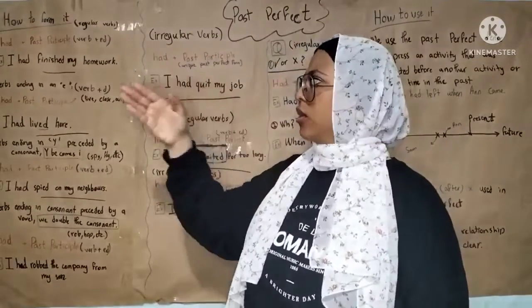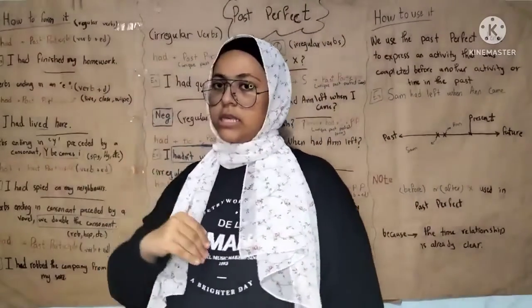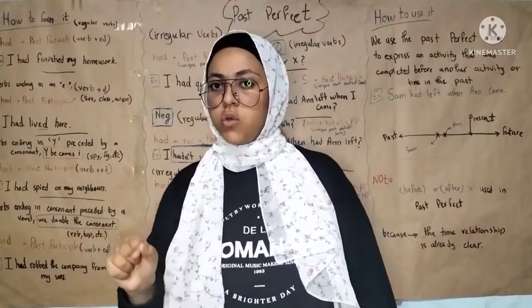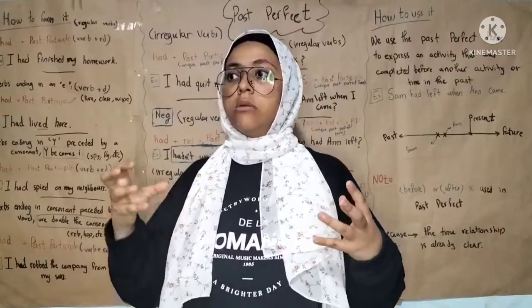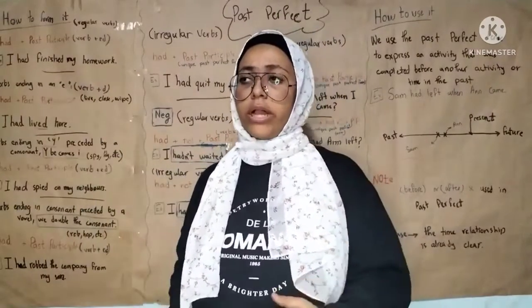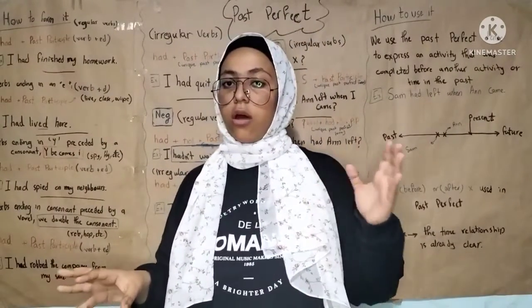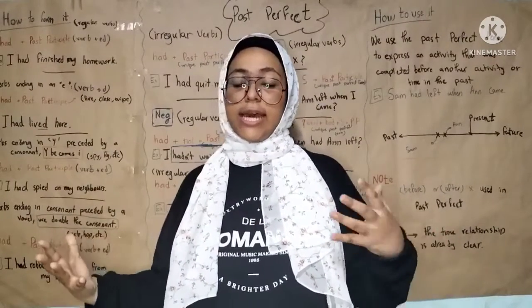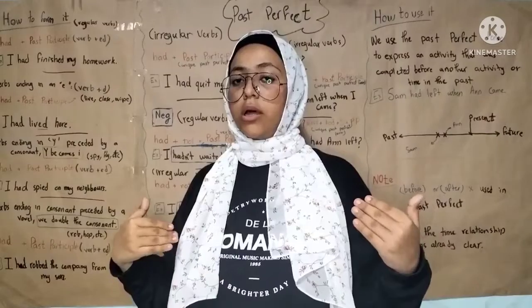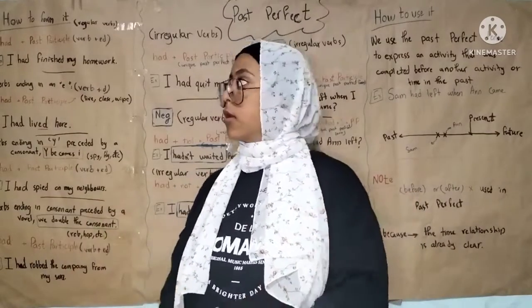But I only wrote had. Is had used with all subjects and all nouns? Well, yes, had is used with I, they, you, we, he, she, it, or any plural and any singular noun.